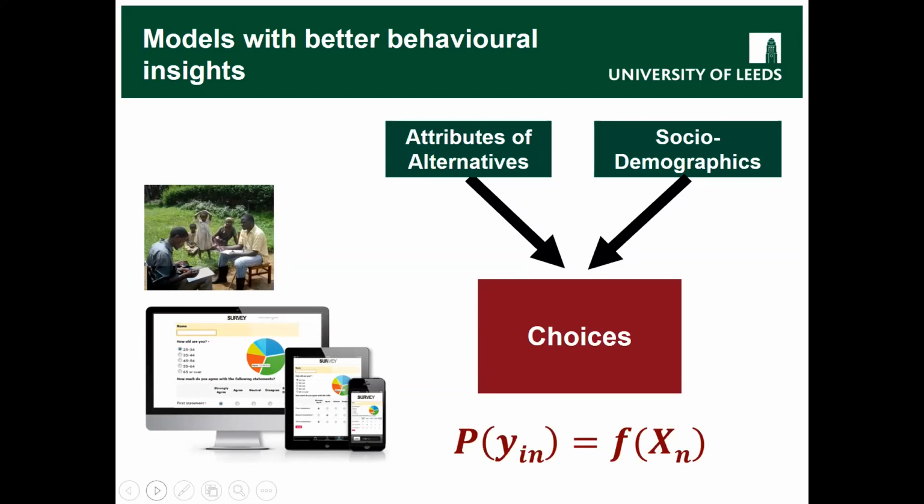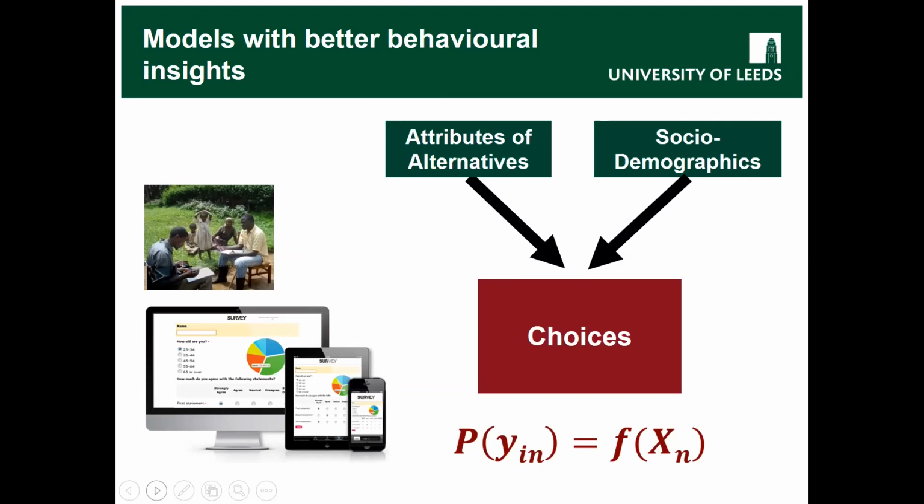And then we try to predict the choices. So these mathematical models establish a relationship between the attributes of the alternatives and socio-demographic characteristics with the choices.